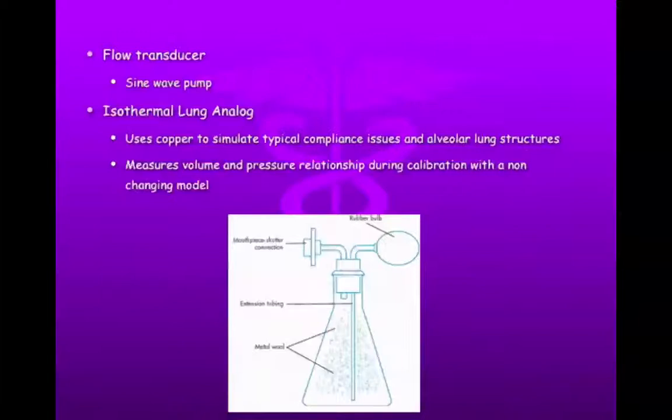The glass kind of holds it consistent, but we actually have the metal in there that can mimic the alveolar structures and determine and adjust and do calibrations based on that, rather than some test lung out there that doesn't have those properties in it, so it's really not going to have similar compliance issues that we have in the lung.